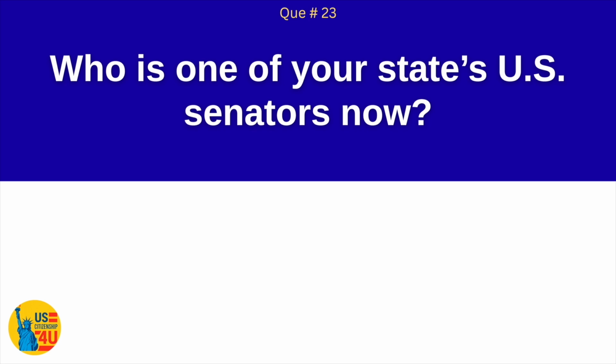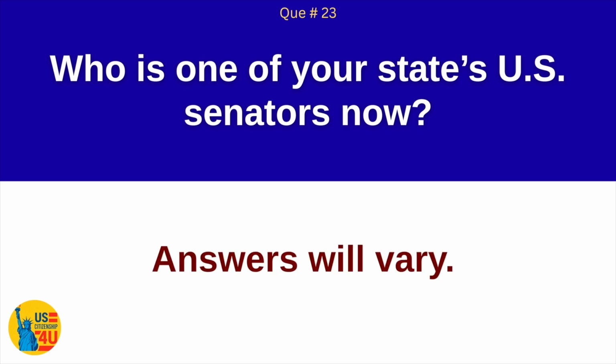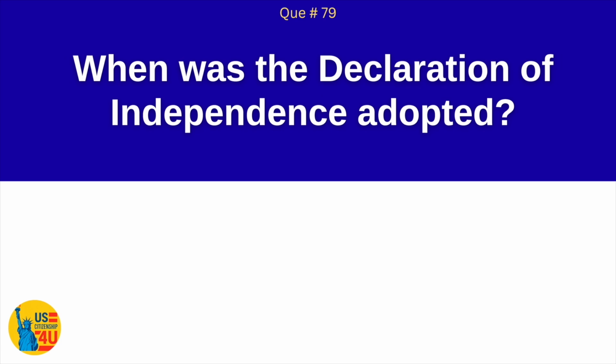Who is one of your state's U.S. senators now? Answers will vary. When was the Declaration of Independence adopted? July 4, 1776.